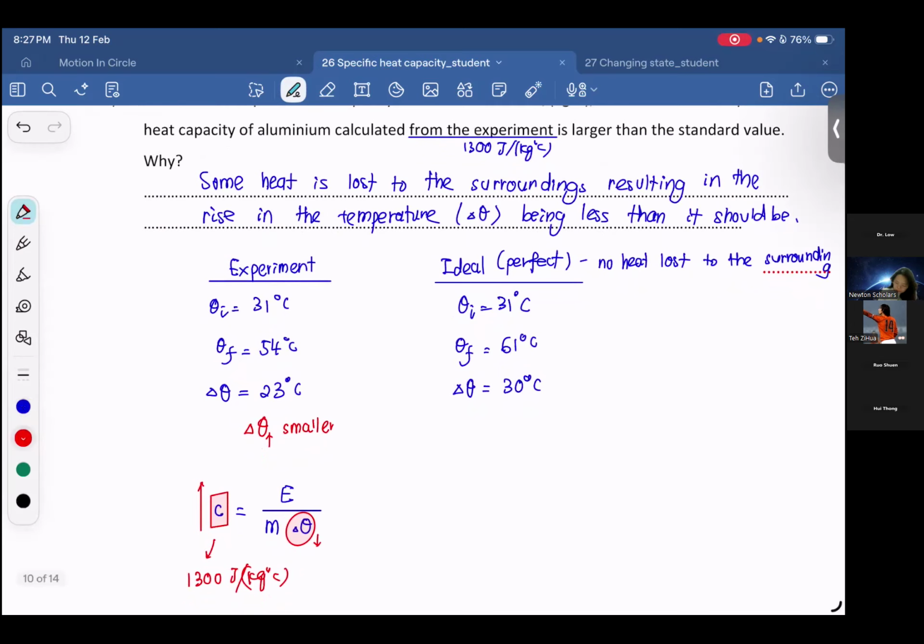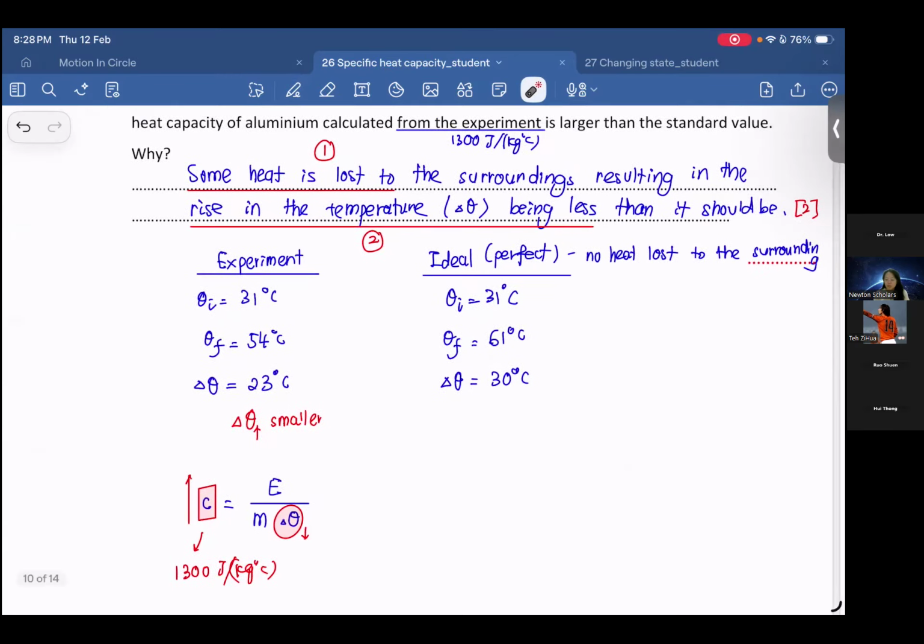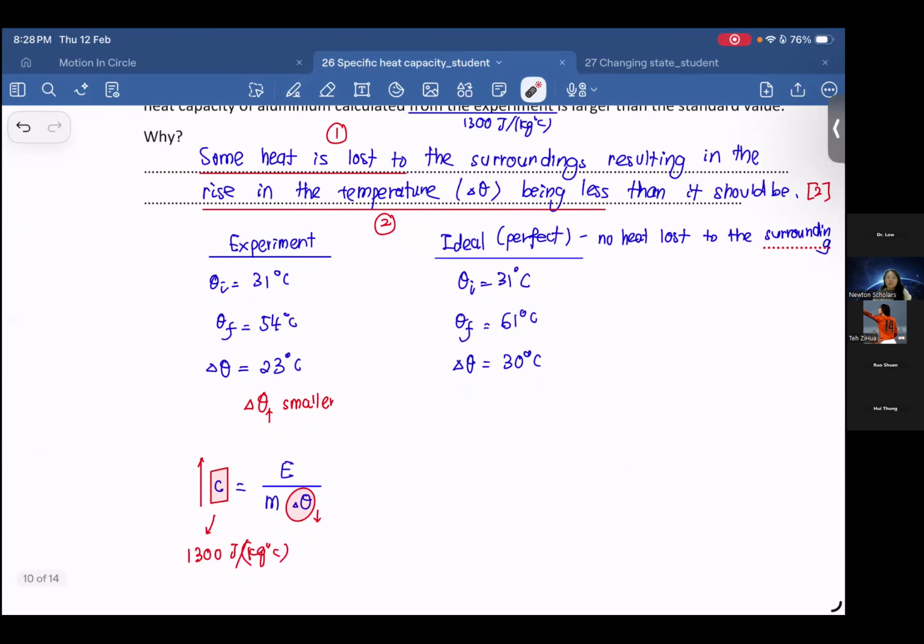These two points will give you 2 marks for this kind of question. If it is 1 mark, then it's fine to say some heat energy is lost to the surrounding. But for 2 marks, we should explain the smaller rise in temperature, that the temperature rises less than it actually should. This is the reason why the experimental value is higher than the standard value.